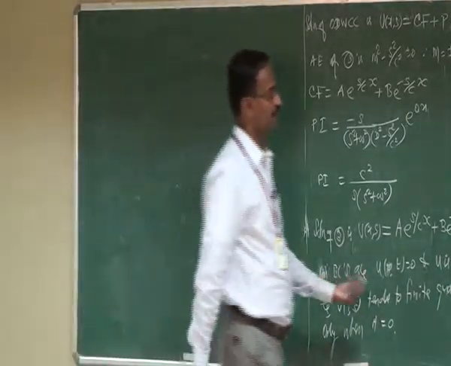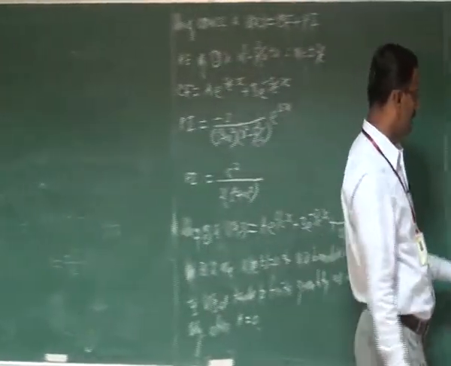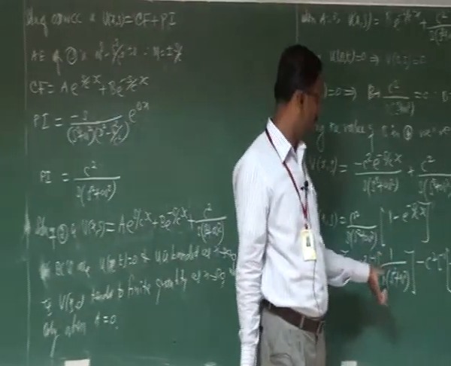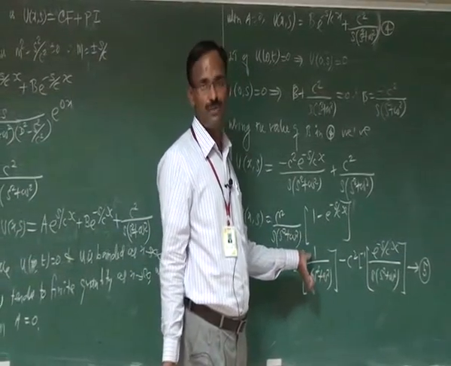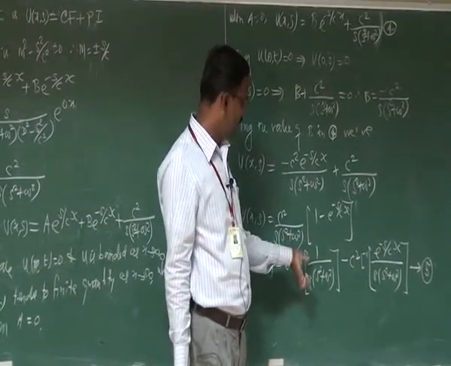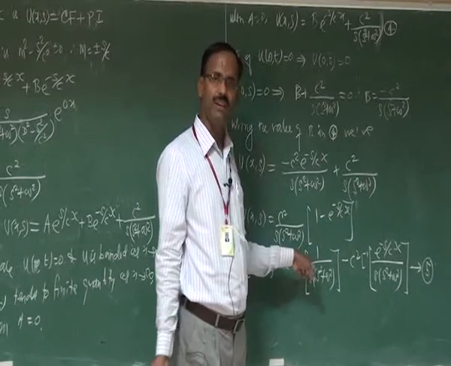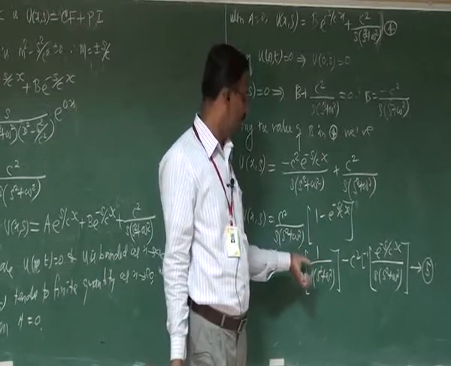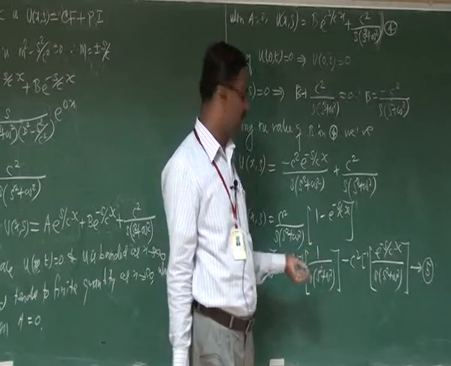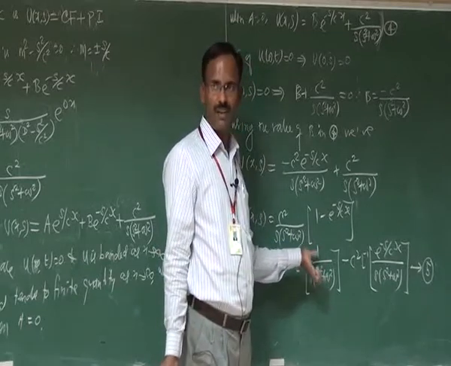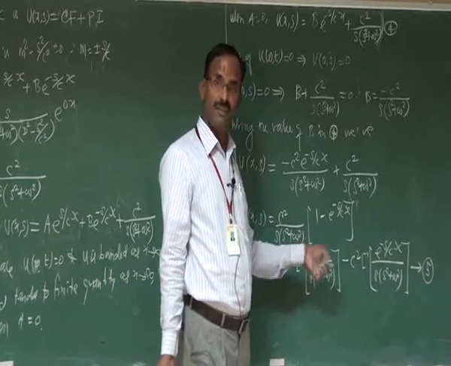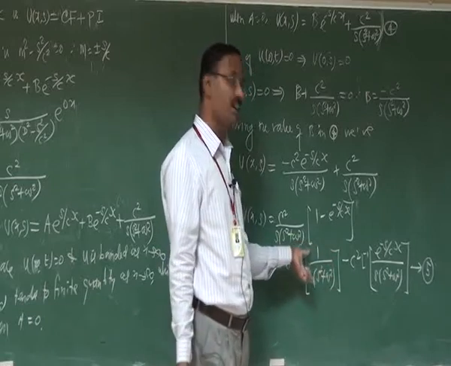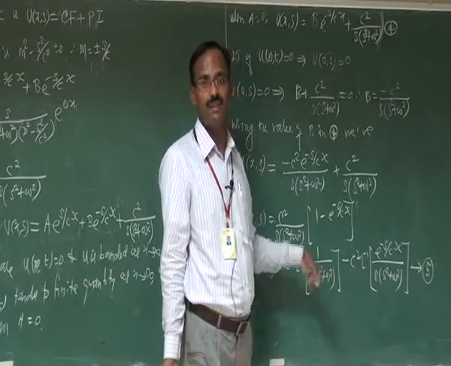If you use any of the existing properties of the inverse Laplace transform, it is very simple to find, because the inverse Laplace transform of this function can be found with the help of the method of partial fractions, or the property f of s by s, or the property L inverse of s into f of s, or L inverse of f dash of s.